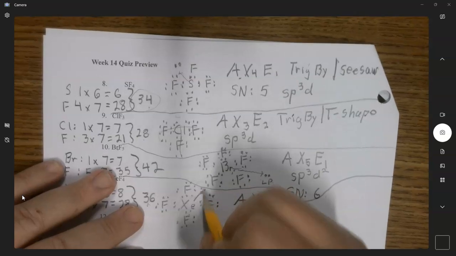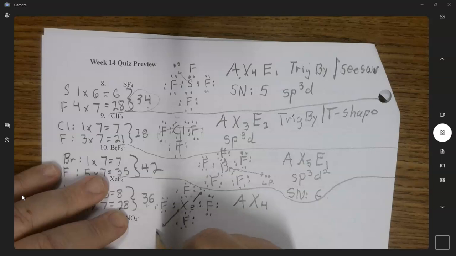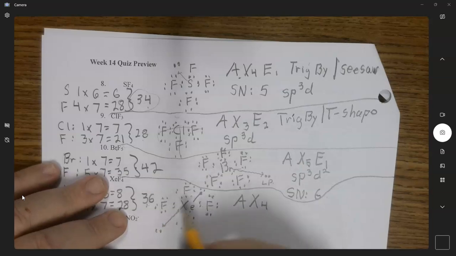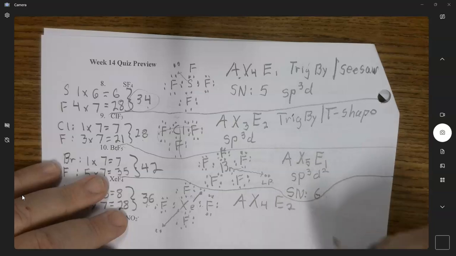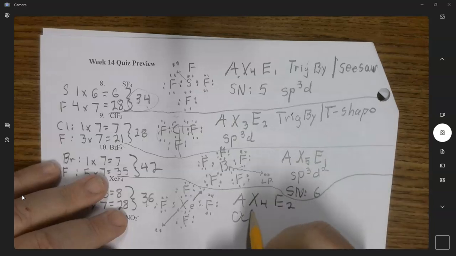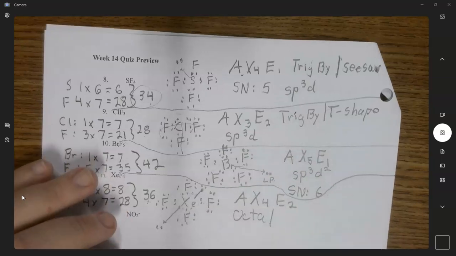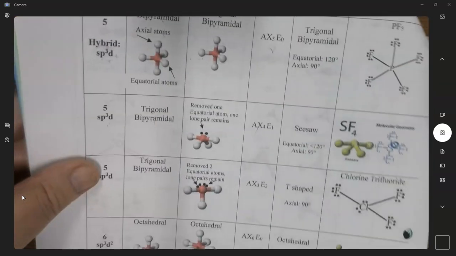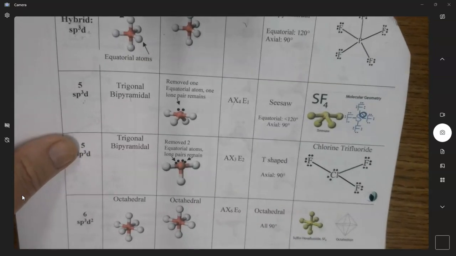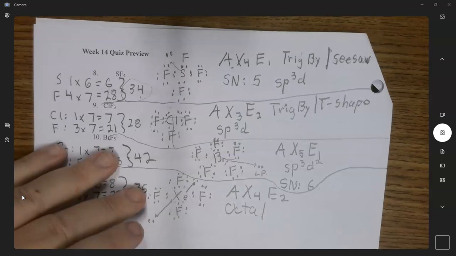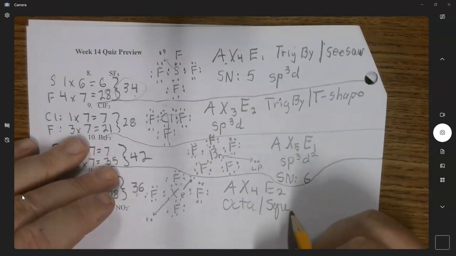There's a lone pair, and draw an arrow out this way. There's a lone pair. So 4 bonding, 2 lone pairs, so that's E2 for the lone pairs. Okay, that's going to be octa, and it's going to be AX4E2. So we come over here, and it is right there, and it's a square planar. So it's going to actually be a flat square molecule.